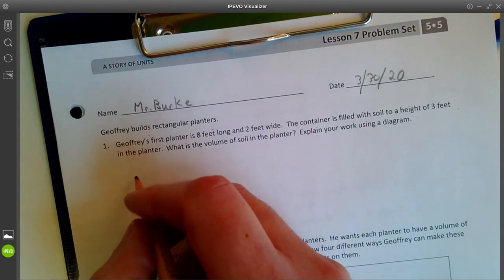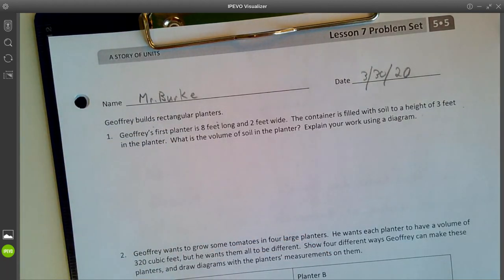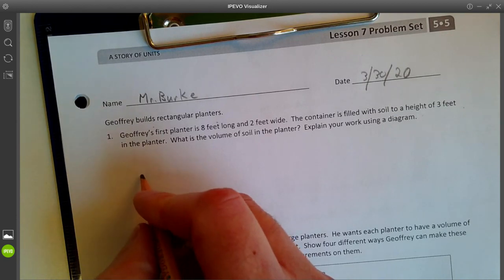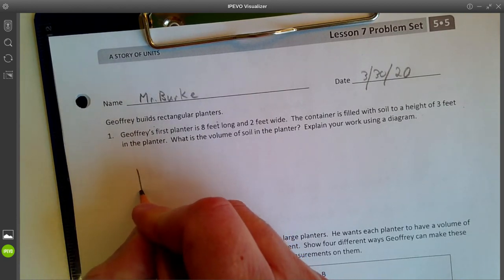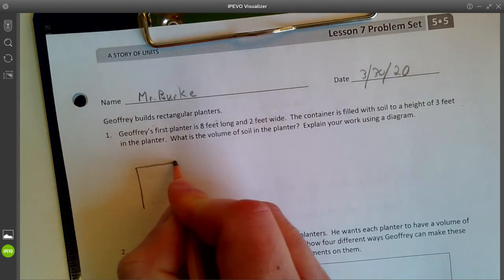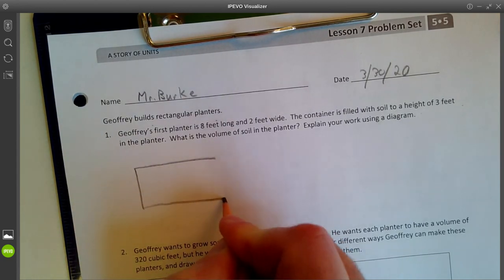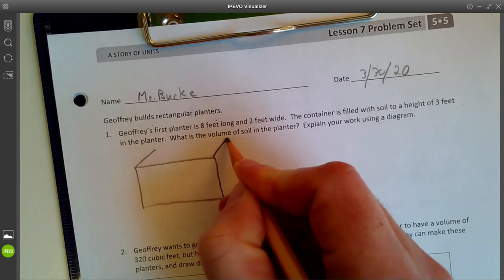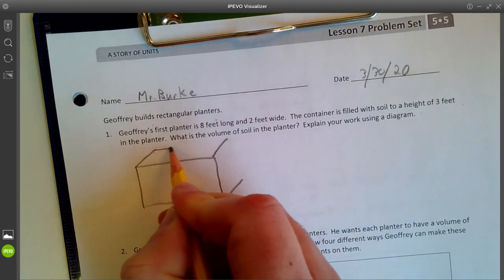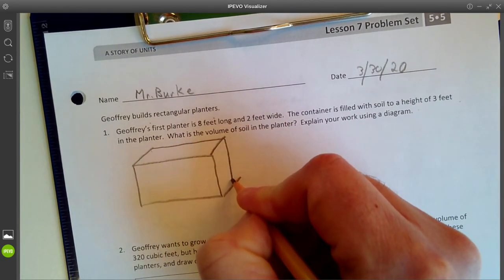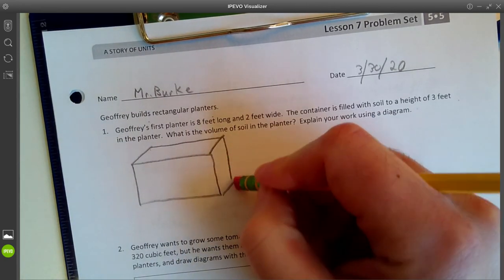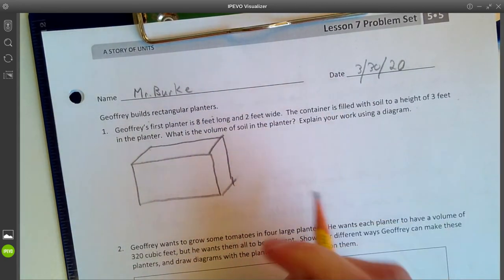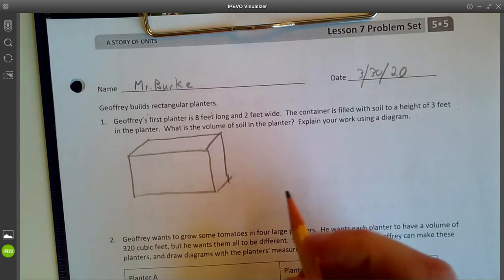So we read it and now we need to draw. So let's draw a planter. Let's see here. So this is like a rectangular prism planter, something like this. And let's see.